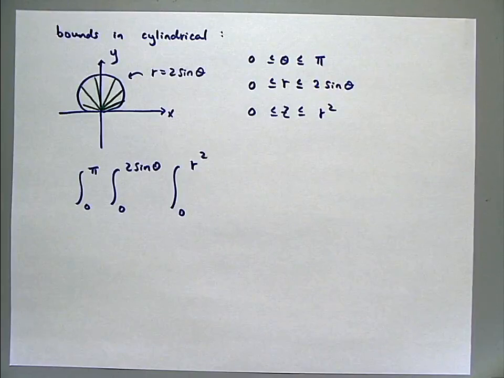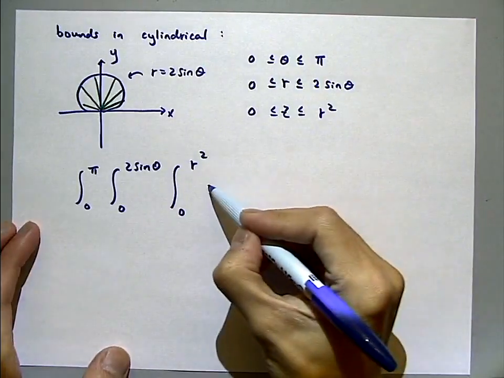What do you integrate to get a volume? Integrate 1 times dV. Yep. So what's dV? Very good. So you integrate 1 to get your volume, yes.